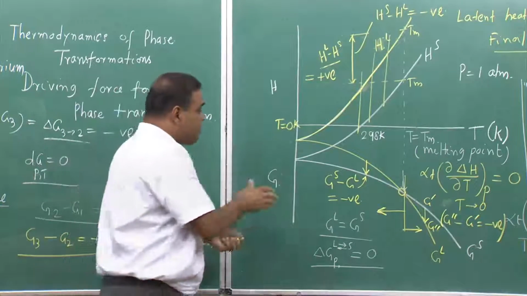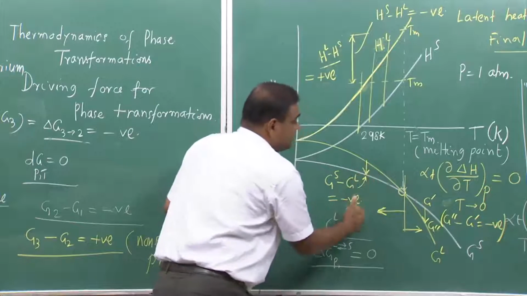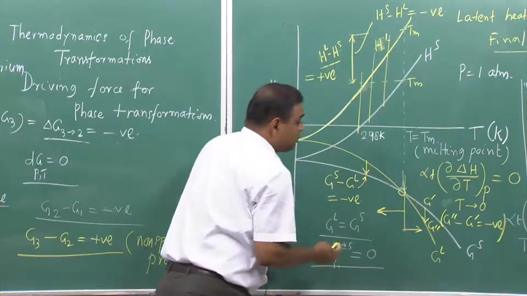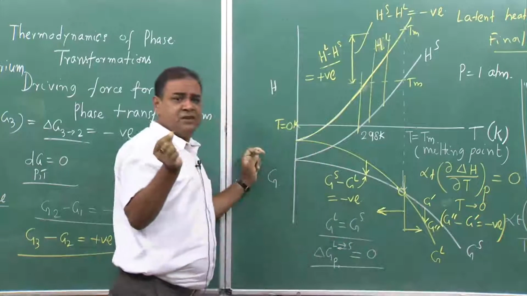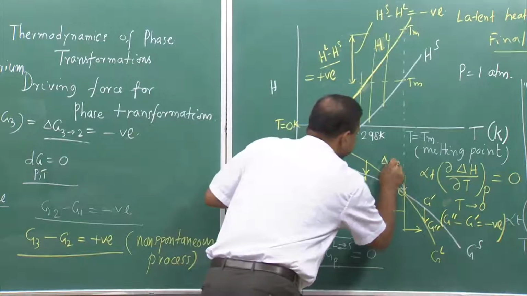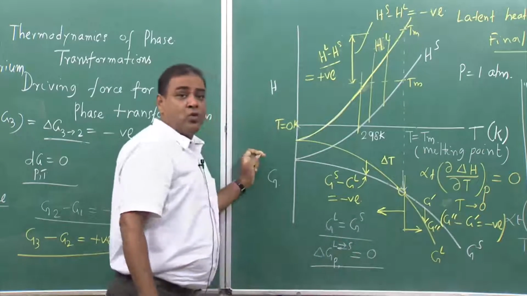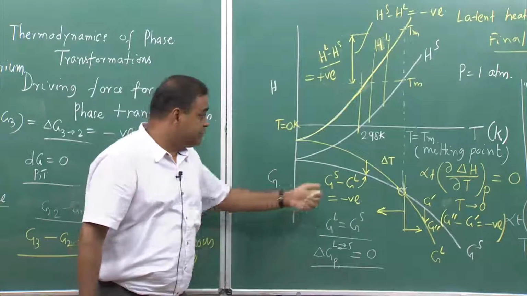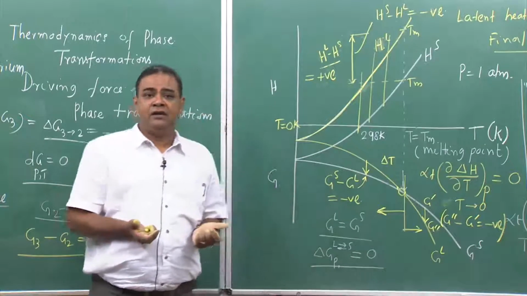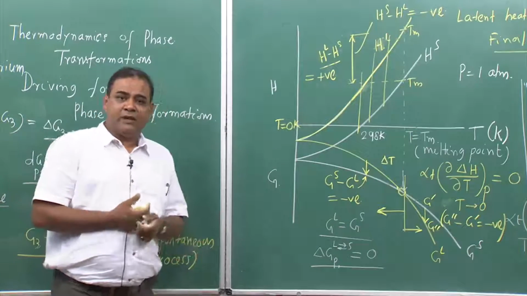Okay. Now we will come back to this: even if there is a delta T change, would we actually have solidification? That means, would we actually have solid formation from liquid?